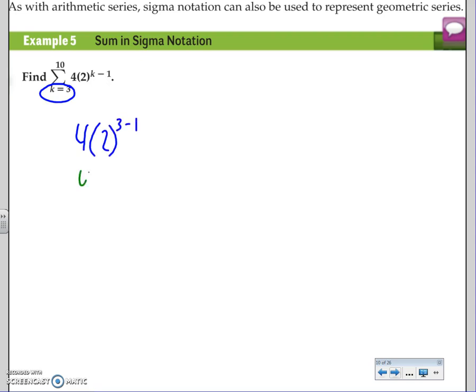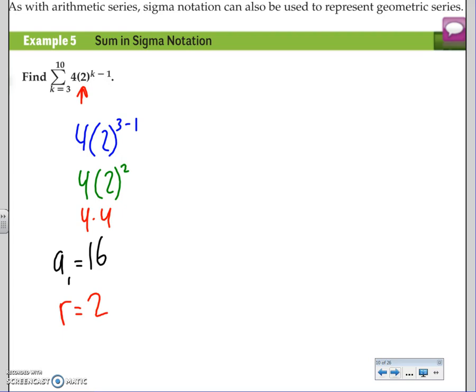That is 4 times 2 to the second power. 2 squared is 4. 4 times 4 is 16. We know a sub 1 equals 16. We could find the last term, but we don't have to. We just need r. r is the thing in parentheses that we're multiplying, the thing with the exponent. So we know r equals 2.